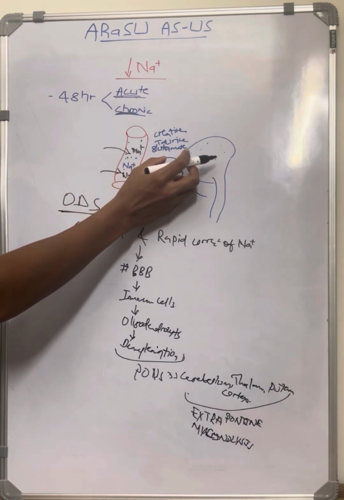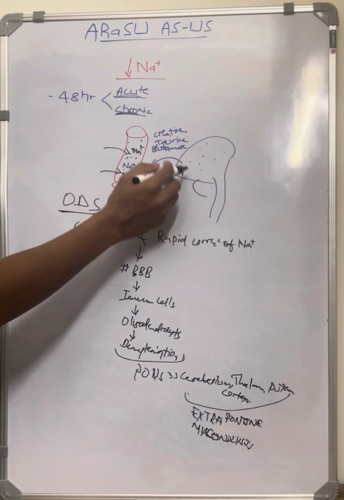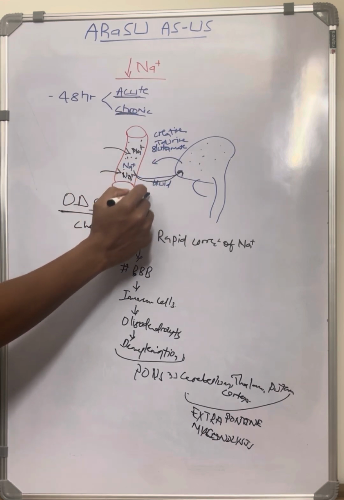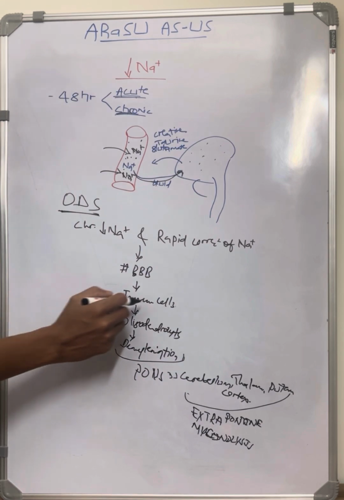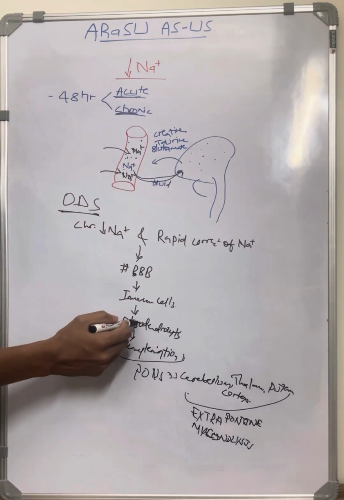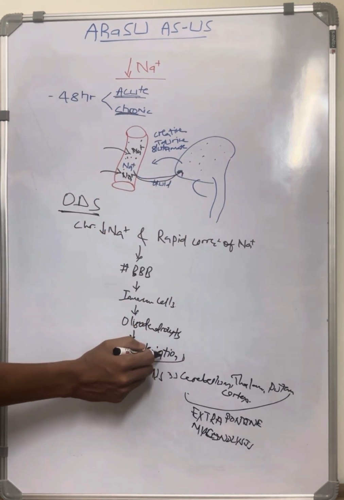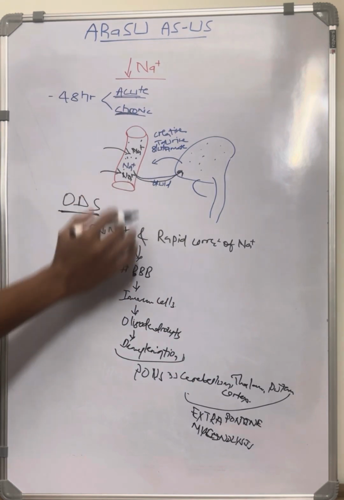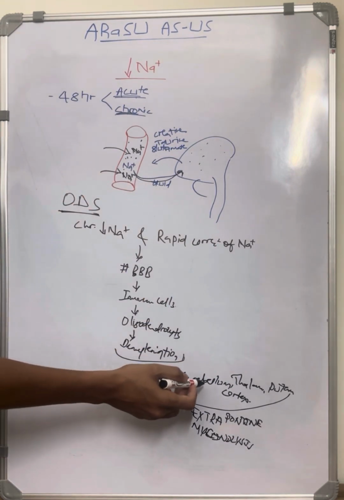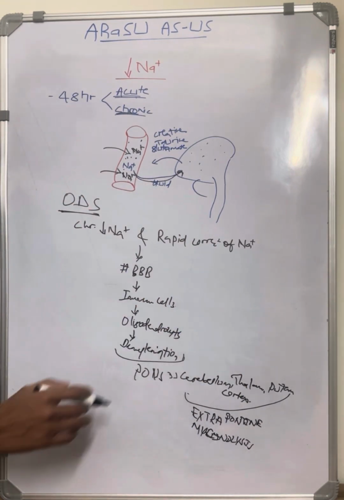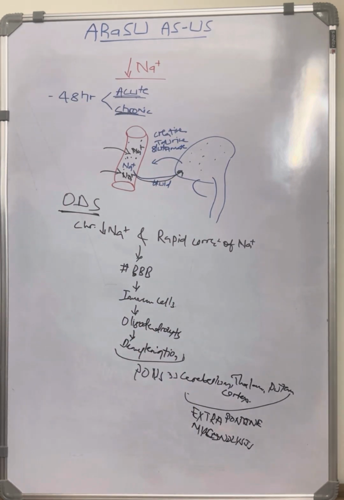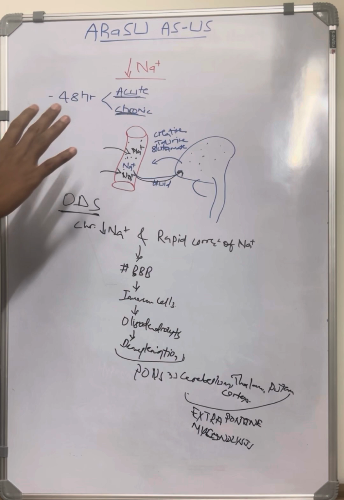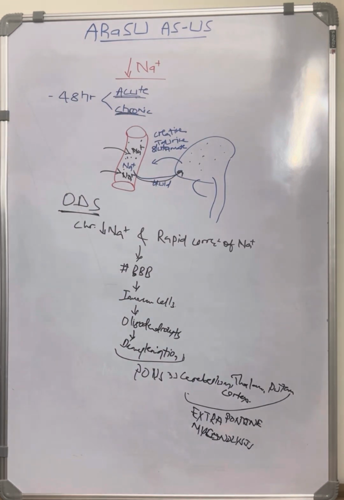That will further lead to damage of the oligodendrocytes, and this fluid and osmolyte imbalance will lead to disruption of the blood-brain barrier, which will give an entry for immune cells, again targeting oligodendrocytes, overall leading to demyelination, and the site where it is very common is the pons. Other sites will be cerebellum, thalamus, putamen, even the cerebral cortex, which is called extrapontine myelinolysis. That's why it is very, very important to correct sodium in the right manner.